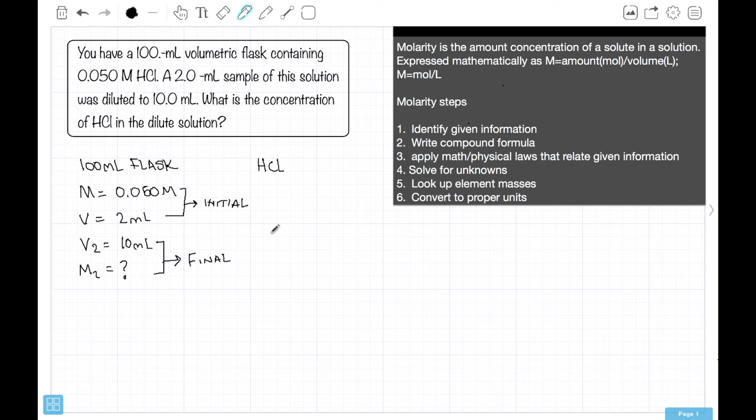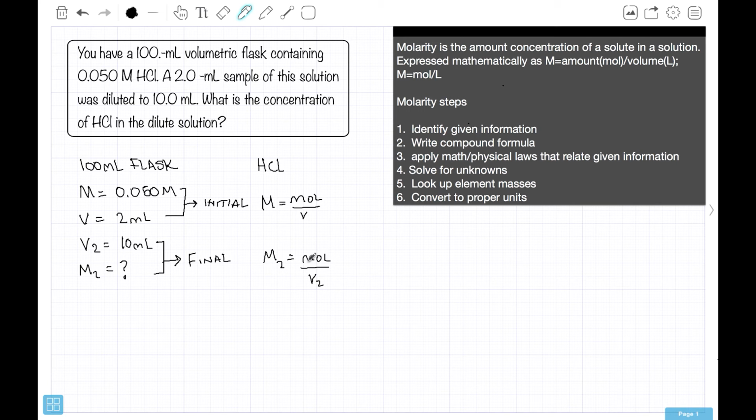When you're dealing with molarity, you know you're dealing with the molarity equation, which is M equals the moles over the volume. And similarly for the final, you have M2 equals the moles over volume 2.